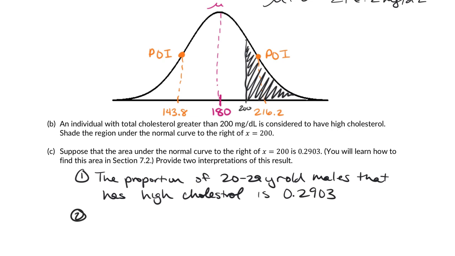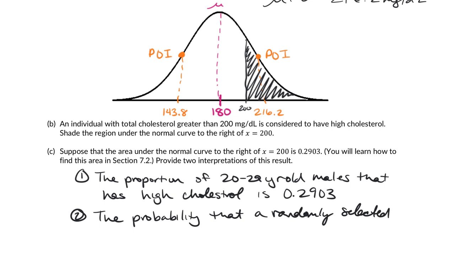Or, second bullet point in that box up there, not only does this represent the proportion of the population where this would happen, it also represents the probability that a randomly selected 20 to 29-year-old male has high cholesterol.